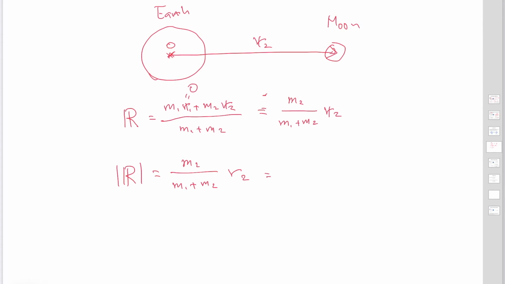Then you can substitute the mass of the Moon and the mass of the Earth. Then you will get 4.6 times 10 to the 3, 4,600 kilometers.